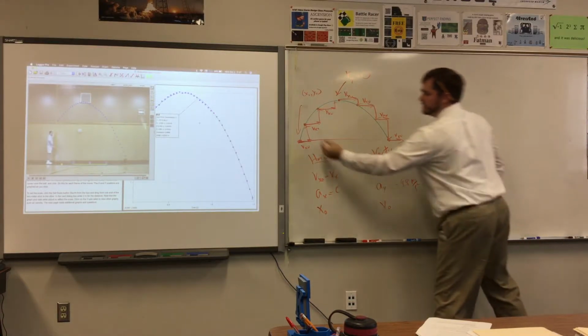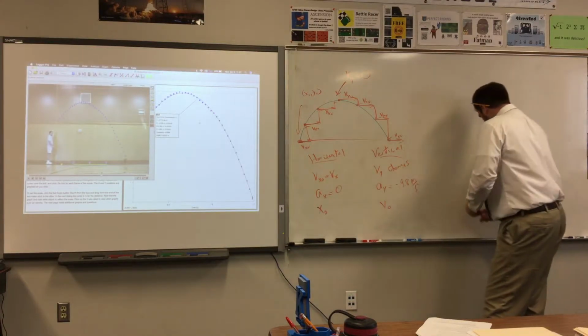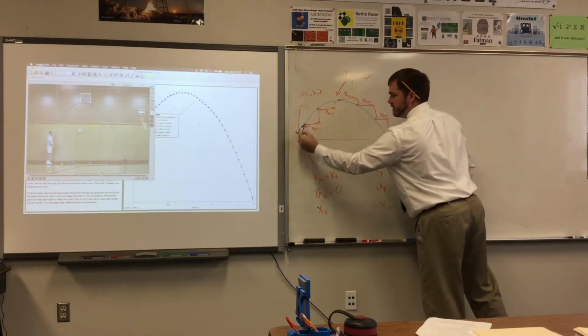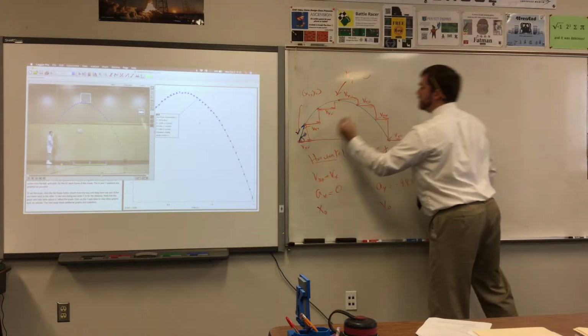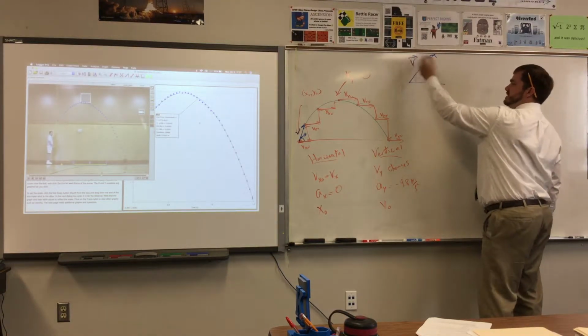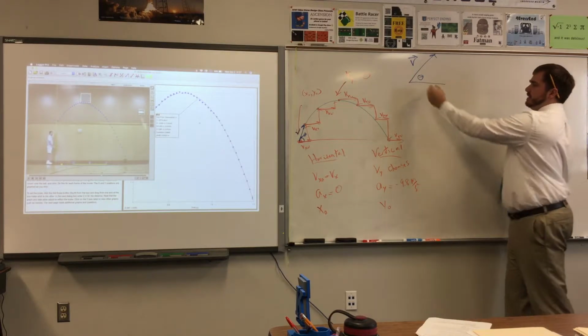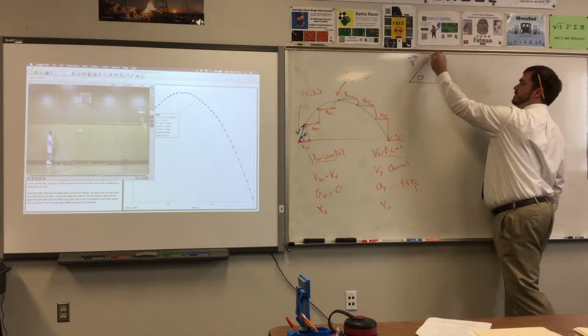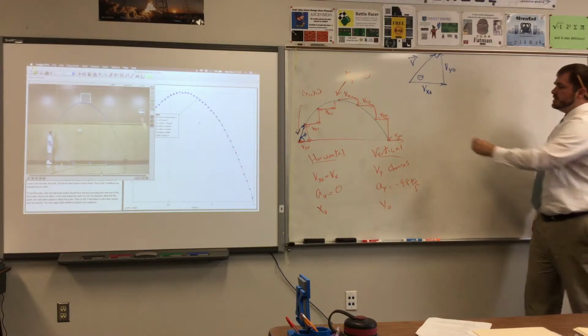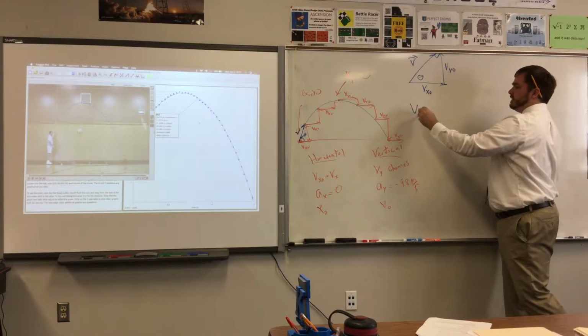If you zoomed in on this section right here, you've got initial velocity vector v at angle theta. You've got Vx naught and Vy naught. Does anybody on their paper have a value for Vy naught?